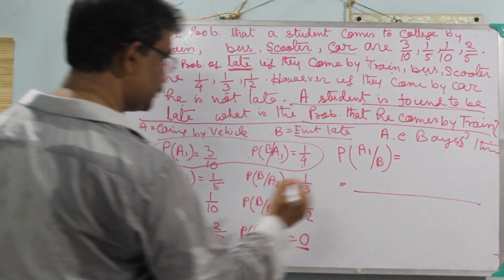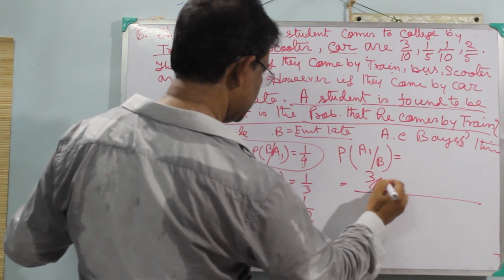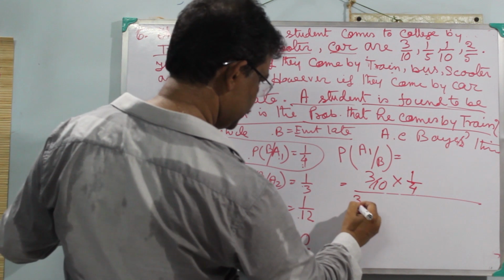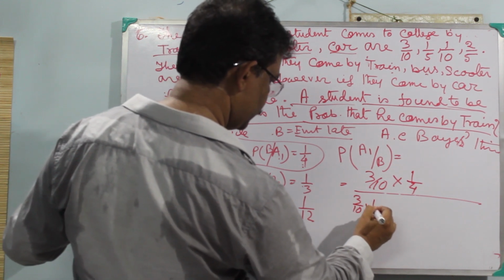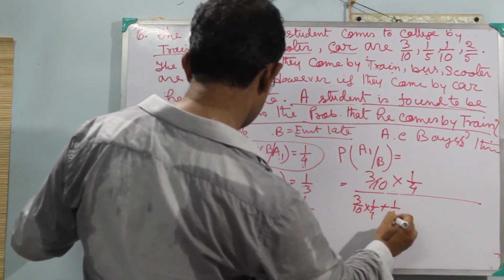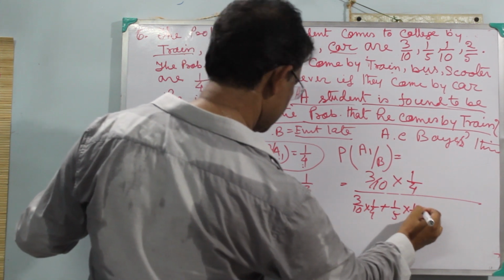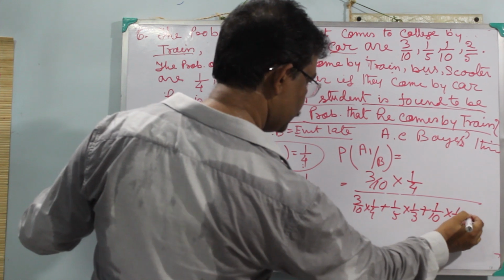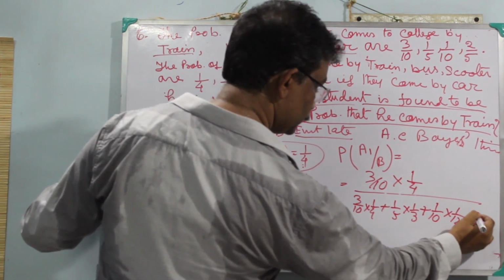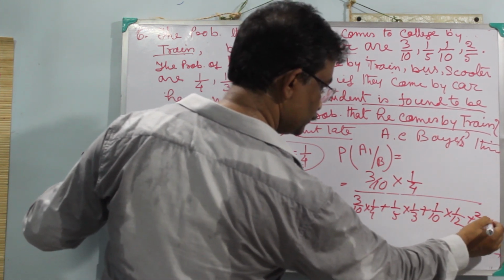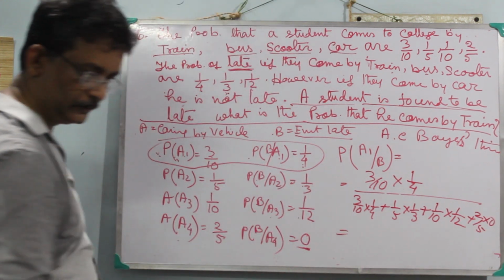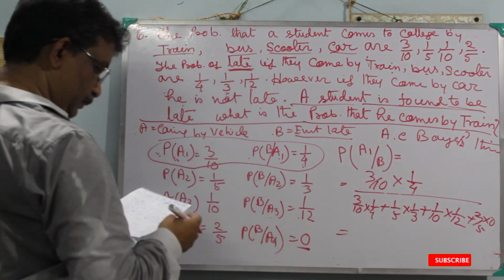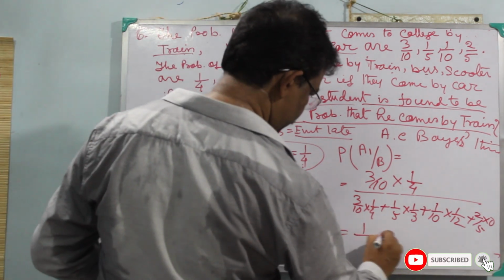In the numerator we take this branch, 3 by 10 into 1 by 4, and the denominator is 3 by 10 into 1 by 4 plus 1 by 5 into 1/3 plus 1 by 10 into 1 by 12 plus 2 by 5 into 0. Okay. So 3 by 10 into 1 by 4 gives the answer 1 by 12.